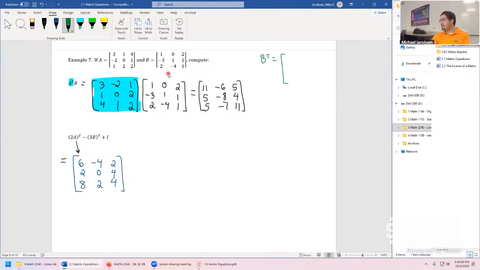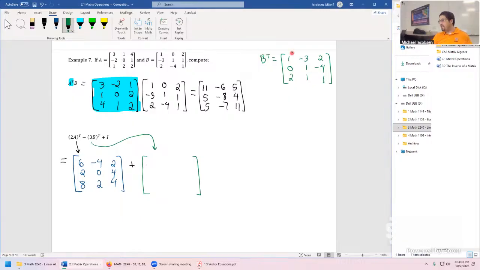Gives us something to look at. So going along the rows, column 1 is 1, 0, 2. Column 2 is negative 3, 1, 1. And column 3 is going to be 2, negative 4, 1. So now I've got B transpose there. I'm going to scale it by negative 3. And this will be the result of that entire second term.